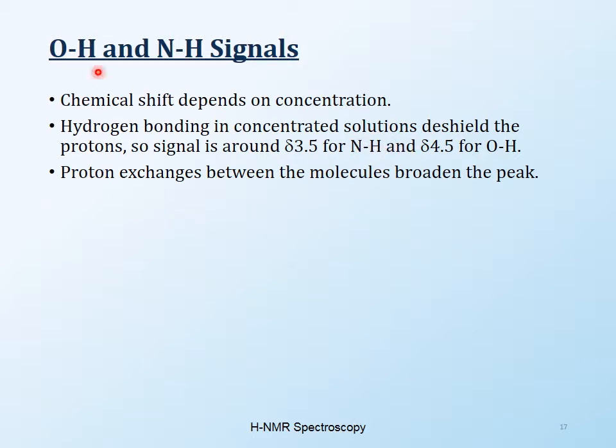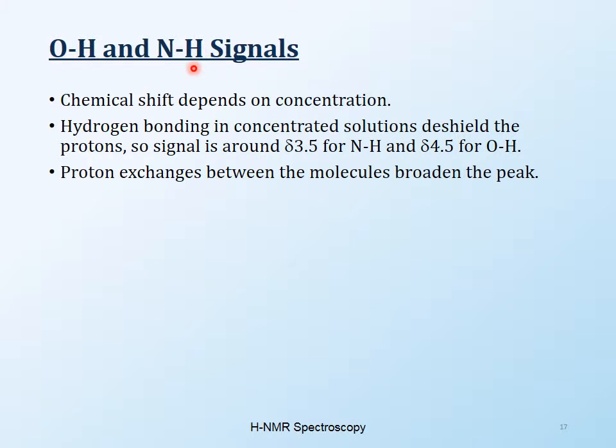In some cases, in order to confirm that you actually have the OH and the NH, you will add a little deuterium to your sample, and if the peak disappears, then you know that was the OH or the NH signal. So it's possible to figure that out using deuterium. Remember, we made deuterium solvents in order to have solvents that were NMR inactive, but you can do the same thing with alcohol and amine and exchange these protons with deuterium.